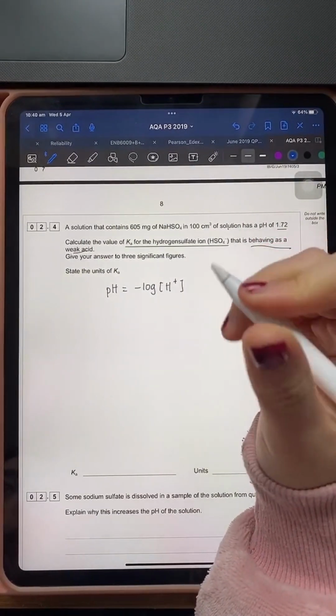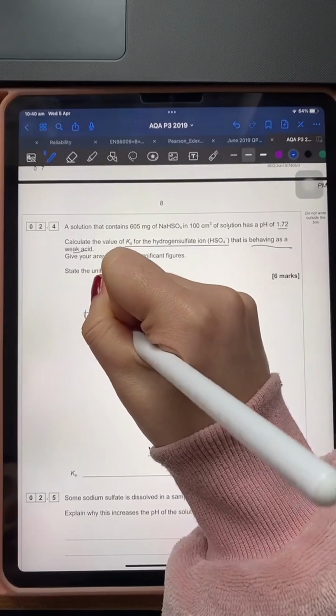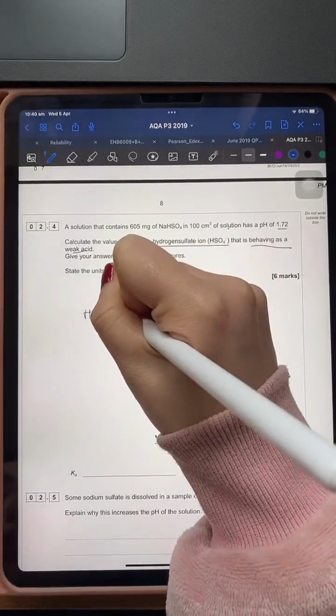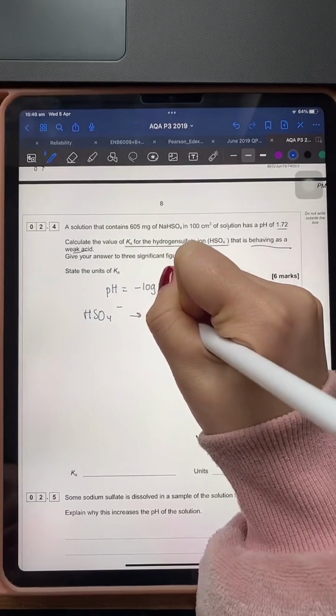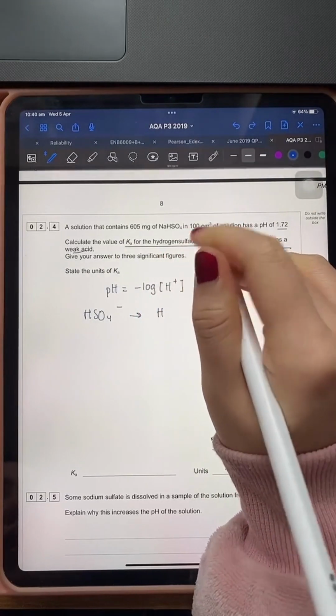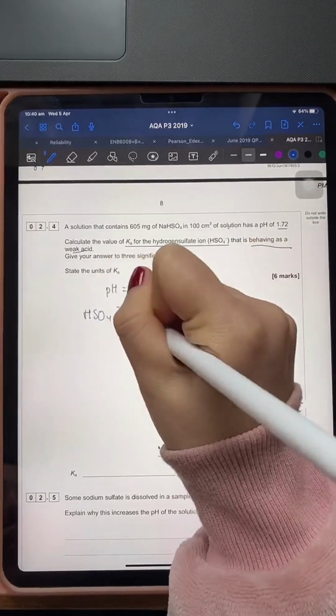So that means you have a splitting pattern there. So HSO4 minus will give you H plus plus SO4 2 minus.